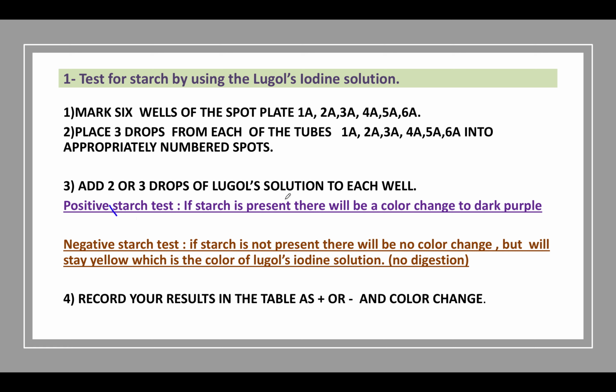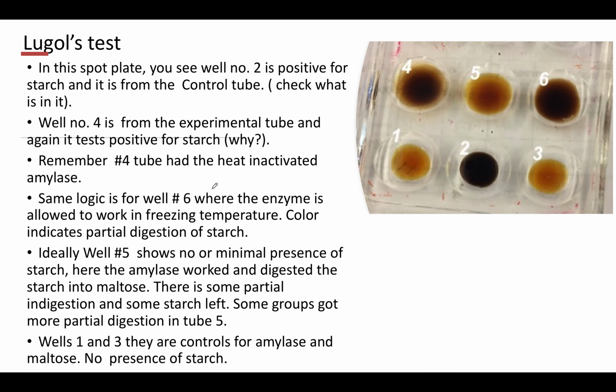Because the color of the iodine solution is a light brown. So if there is starch, it's going to turn a very dark color. If there is no starch, this is its color, the color of the iodine.